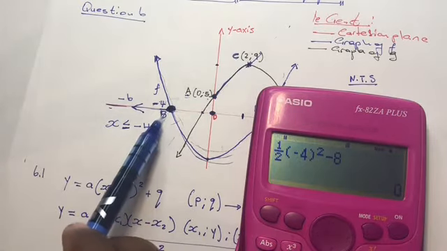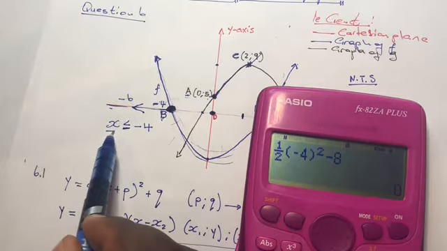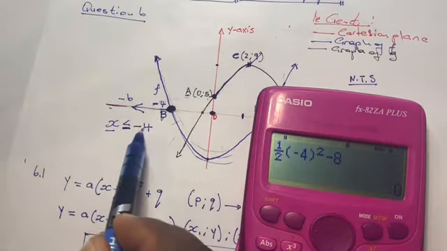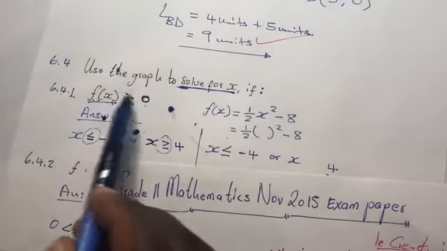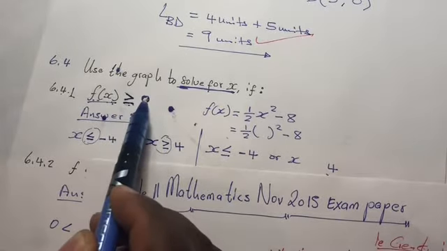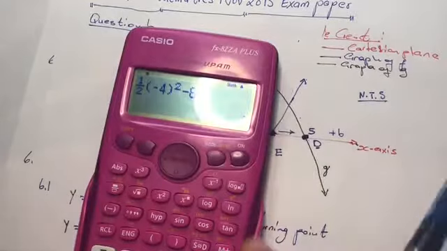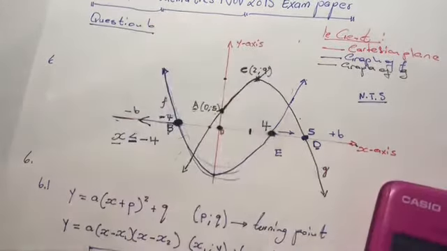That's why on our answer, we say where x is less or equals to -4. That's where the graph of f is greater or equals to 0. So that 10, obviously it's greater than 0. That's why it suits this answer.